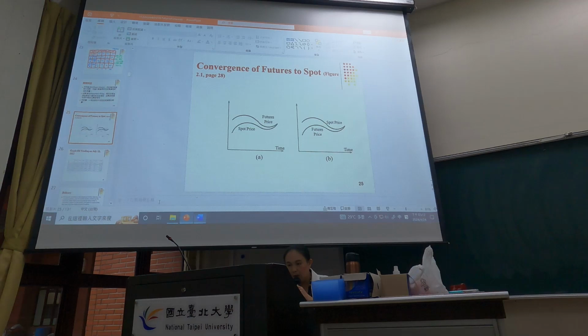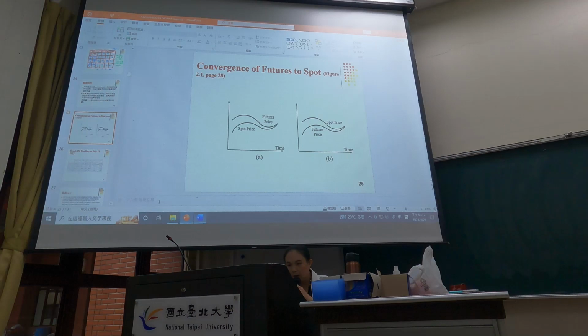Okay, so how come? If you follow this original pricing model, as long as the R is positive, F0 must be higher than S0, right?